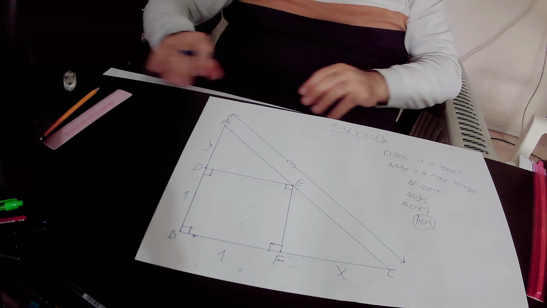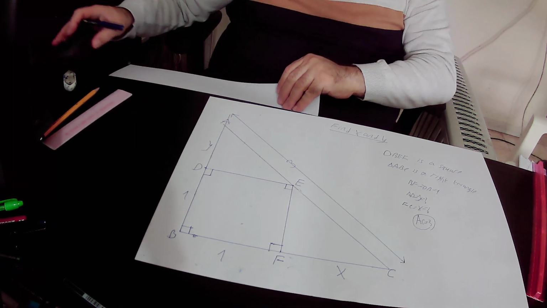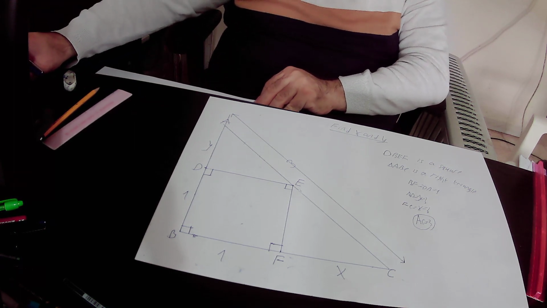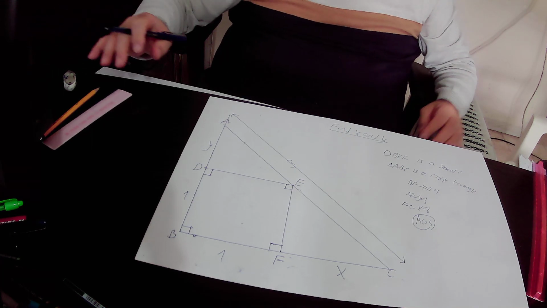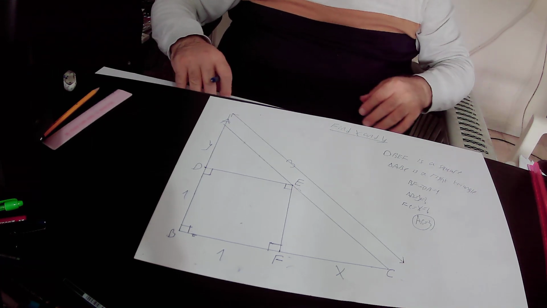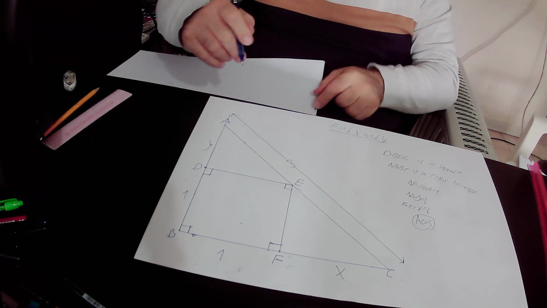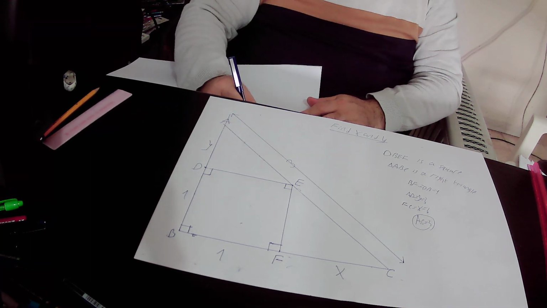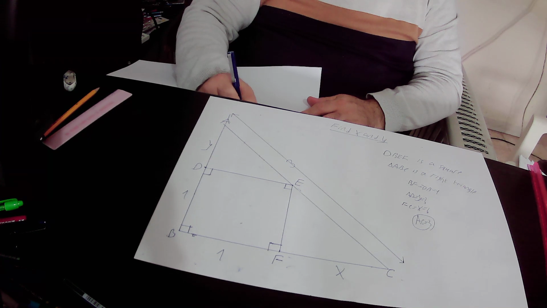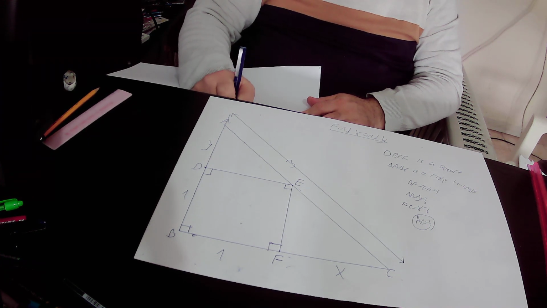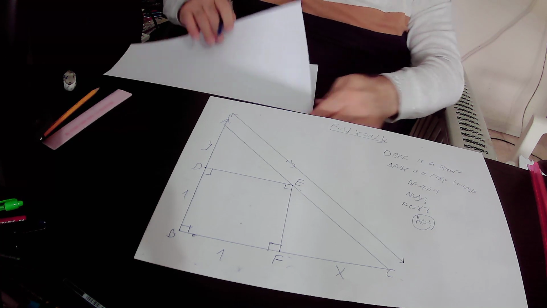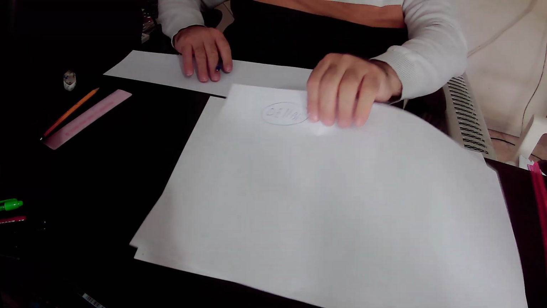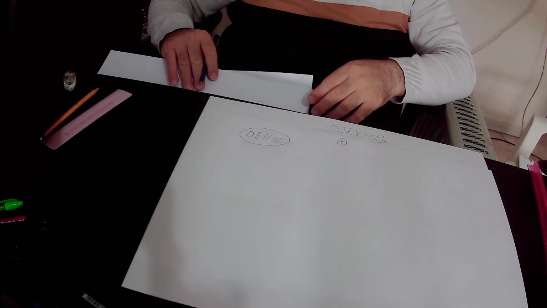So first of all, we know that the opposite sides of a square are parallel to each other.